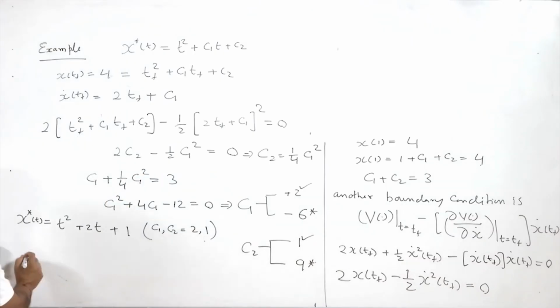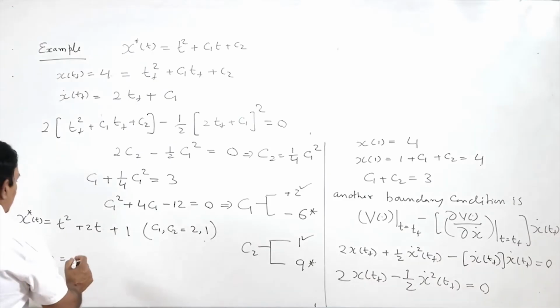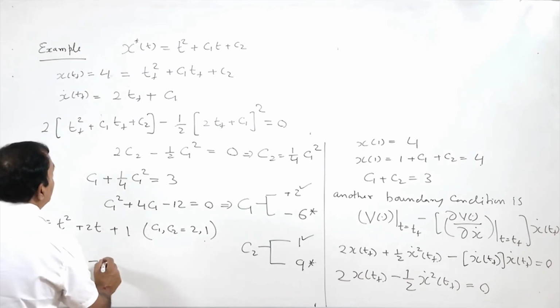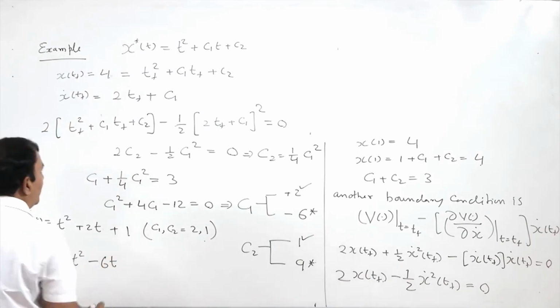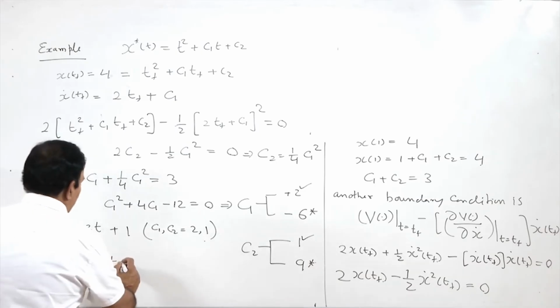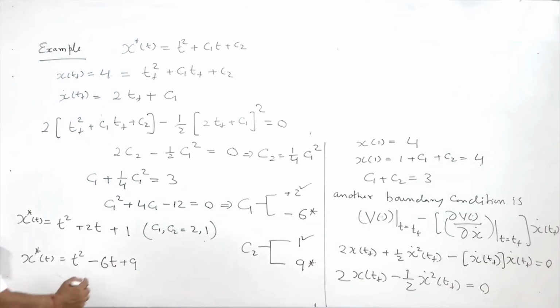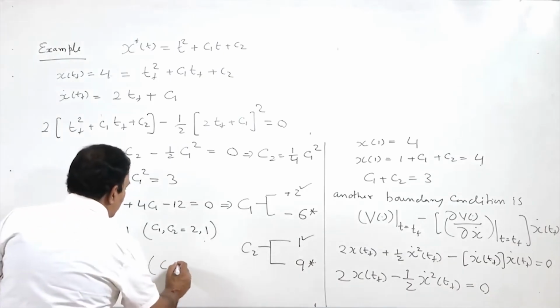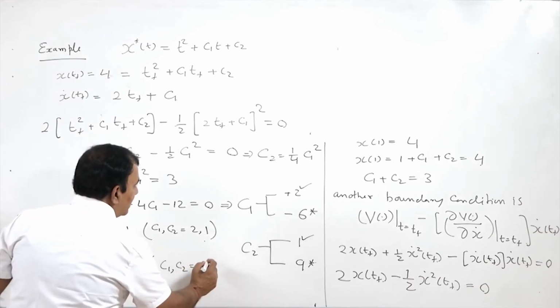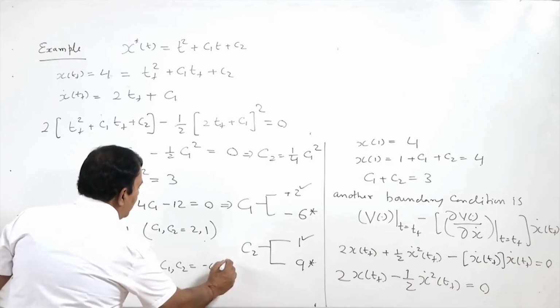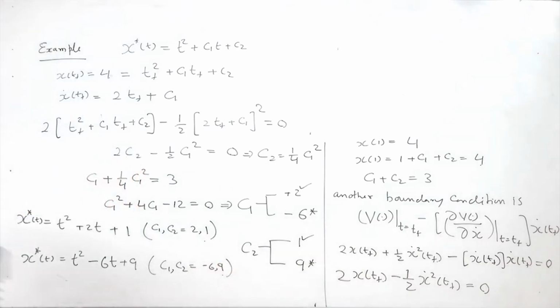And the other solution is x star t as t square minus 6t plus 9, with the values of C1 C2 as minus 6 and 9. So, which is my solution?